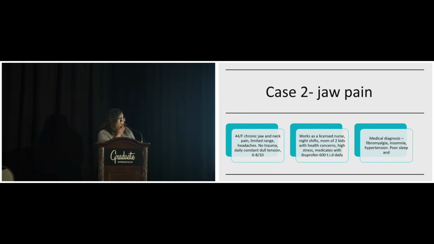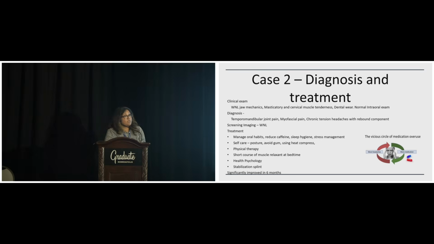She has a medical history of fibromyalgia, has insomnia, poor sleep, and is exploring a possible sleep apnea diagnosis. On clinical exam, she did have positive findings in the temporomandibular exam, limited range, dental wear. The diagnosis was musculoskeletal ligamentous pain of joint and muscle origin. She also has a rebound component to her chronic tension headaches.